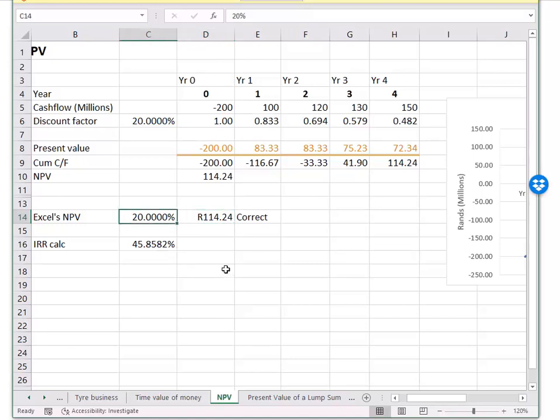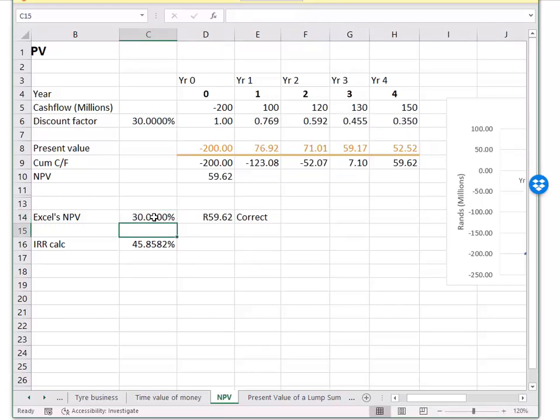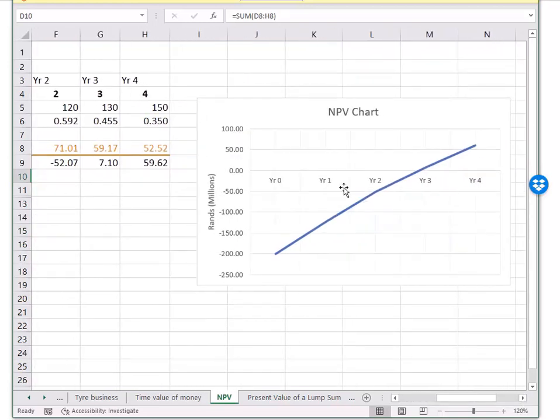So we could do a series of iterations. We could say, well, what if we made this 30%? But if you increase the discount rate, you're going to get a different factor, and the discount effect will be heavier, and therefore the NPV will be lower. And you'll notice here with the graph, this has ended at a lower point, 59.62.